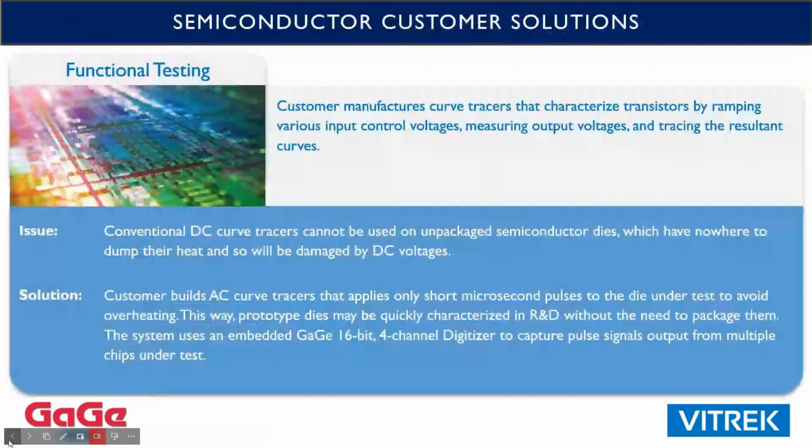So I'll continue. The curve tracer is a device that normally applies DC voltages to a transistor chip and then measures currents. Typically there's a couple of control voltages and one measured current.